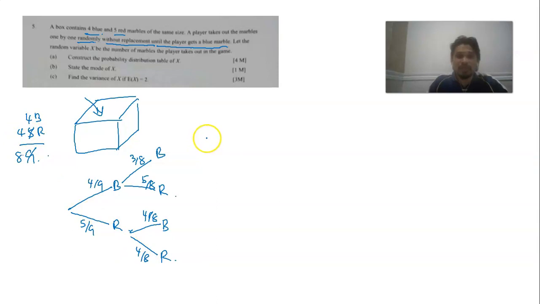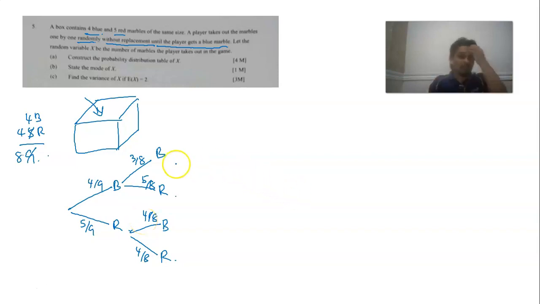If you would like to know whether your tree diagram is correct or not, just look at this. 4 over 9 plus 5 over 9 equals 1. 3 over 8 plus 5 over 8 is 8 over 8, equal to 1. 4 over 8 plus 4 over 8 is 8 over 8, equal to 1.